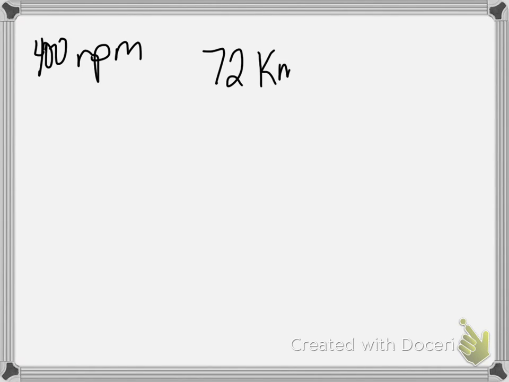If a tire rotates at 400 revolutions per minute, when the car is traveling 72 kilometers per hour, what is the circumference of the tire?